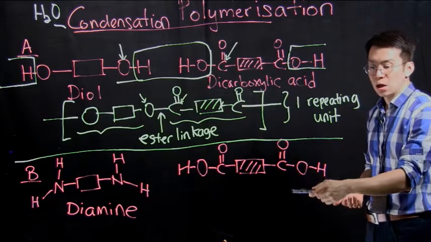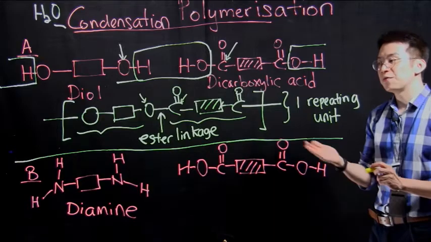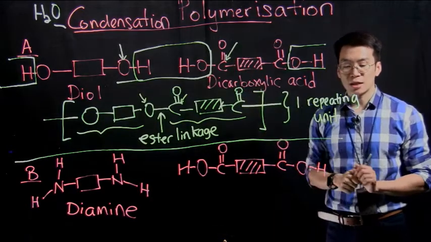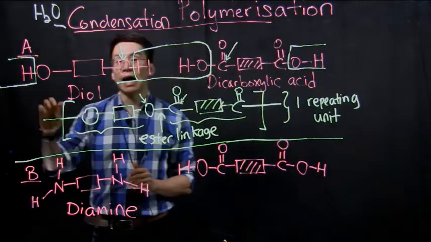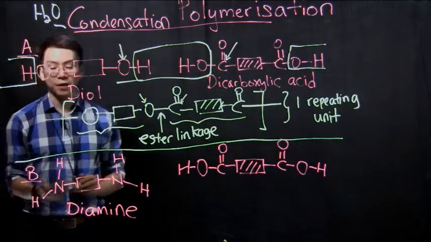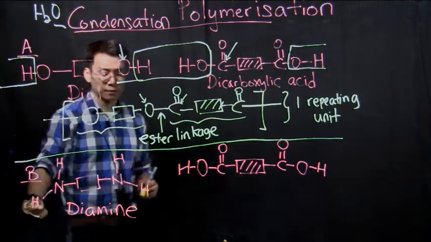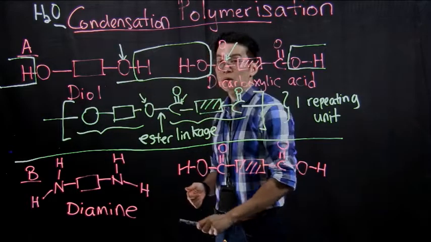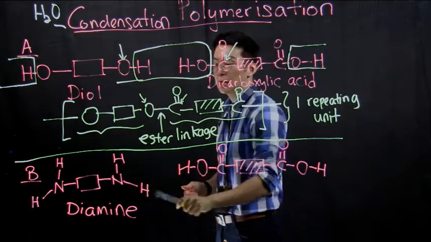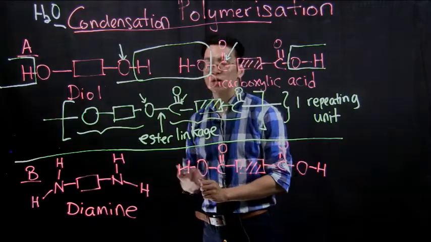Now, what is below is the second type of condensation polymerization. It is very similar to the ester linkage. The only difference is that instead of a diol, you now have a diamine. If you compare this and this, instead of OH, you now have NH2, which is called an amine functional group.